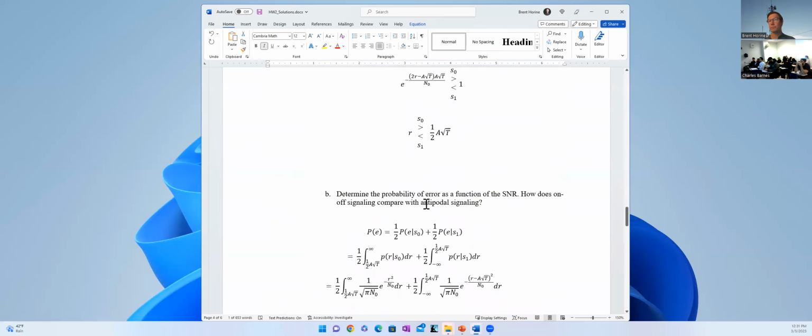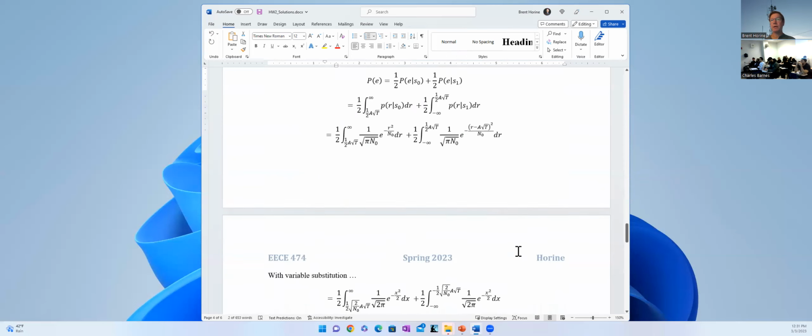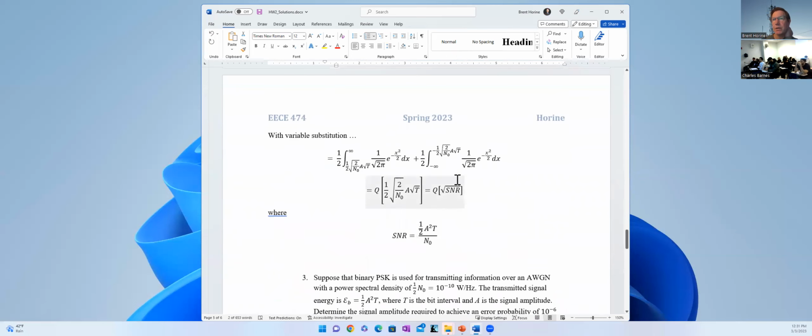Compare it with antipodal signaling, right? So if you look up in your notes, then you will see that this is going to be a factor of 2 related in the signal noise ratio too. So to provide the same error rate with on-off keying, you need twice as much power.